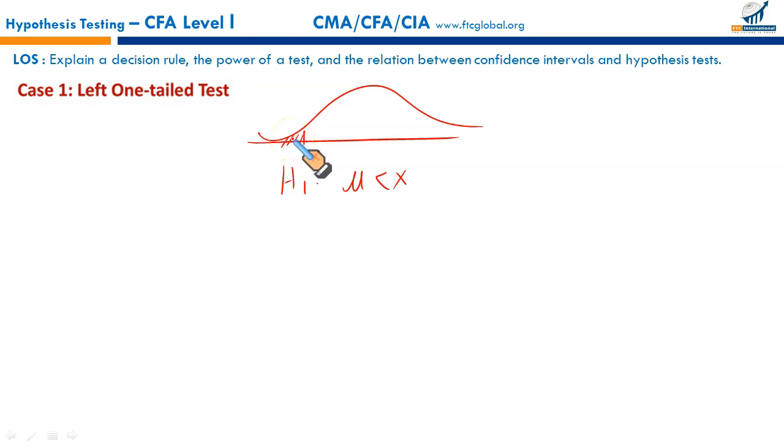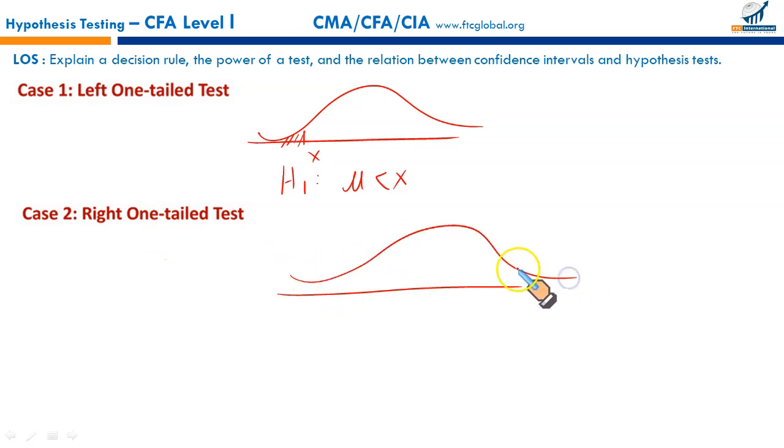Otherwise, do not reject the null hypothesis. Then the right one-tailed test, this one. Here, this is your alternative hypothesis. The decision rule here is reject the null hypothesis if the test statistic is greater than the critical value, if the result falls in this critical region. Otherwise, do not reject the null hypothesis.